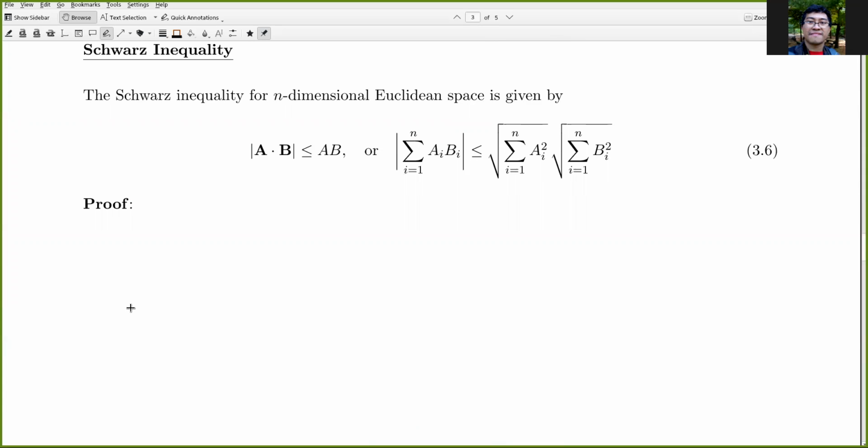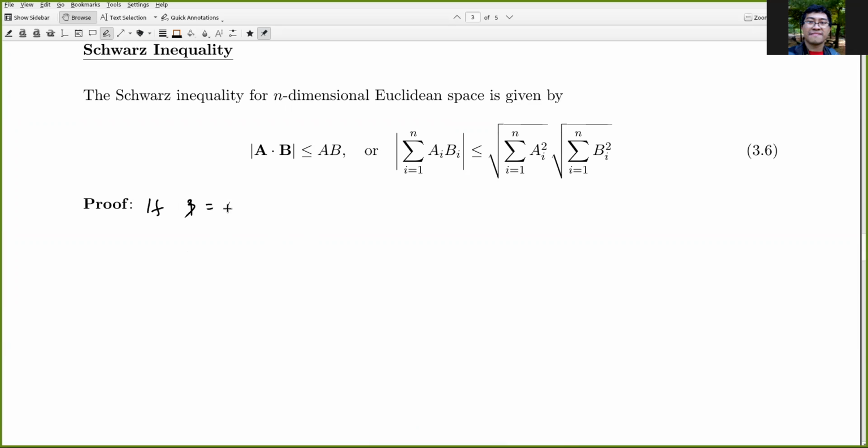We can prove this, for example, in a specific case where B is equal to 0. So if B is equal to 0, write that properly.